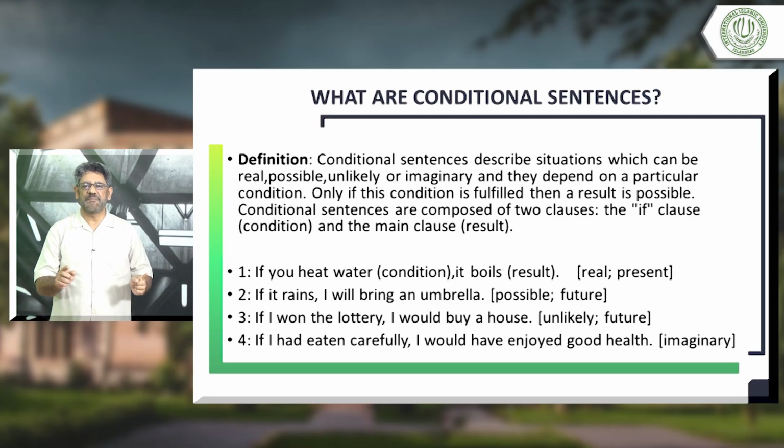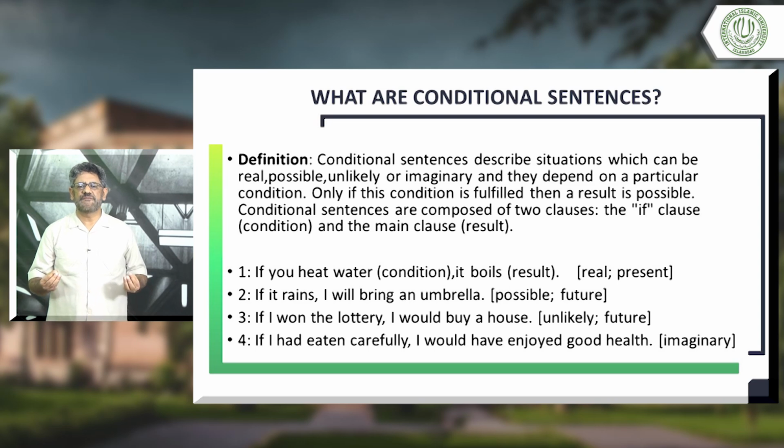After one part we put a comma. I will say they consist of two clauses. In the first part we have the if clause, there we have the condition, and the main clause has the result. So remember the basic rule: the if clause and the main clause which has the result in it.